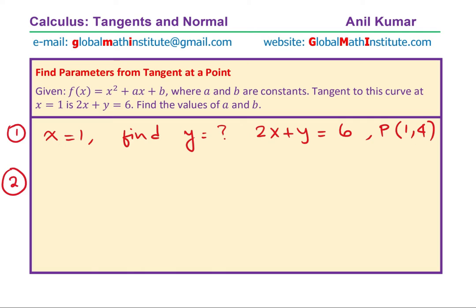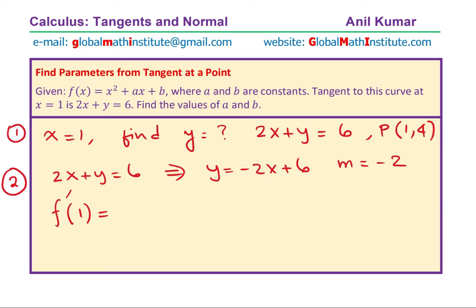Correct. So now you can find the derivative, and derivative is given to you as slope, right? Second, rearrange 2x plus y equals 6 as y equals minus 2x plus 6. And that gives you slope m as minus 2. So that means that the derivative of the function at 1 is equal to minus 2. Got it? So that gives you the second condition, which relates a and b.